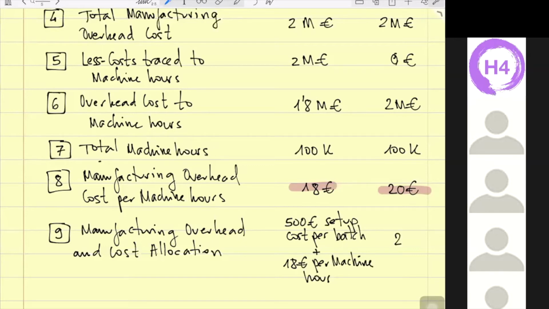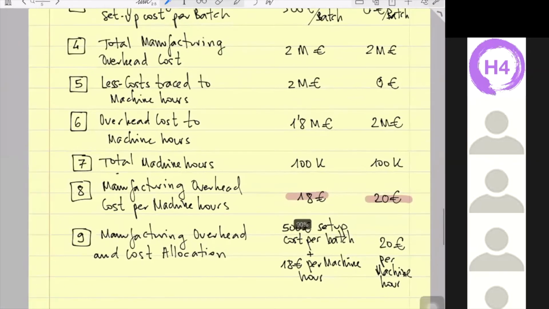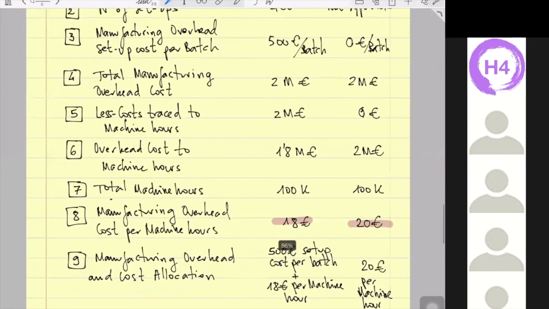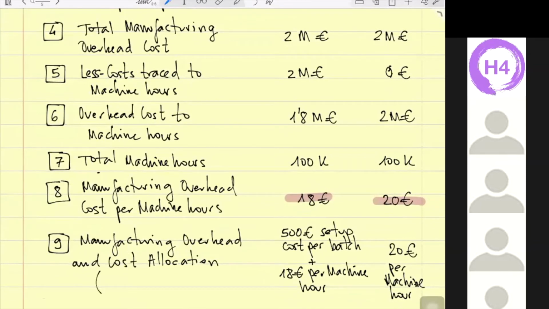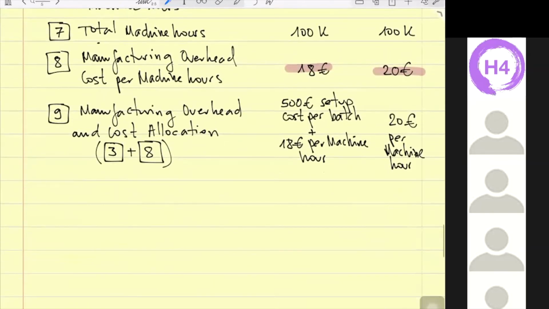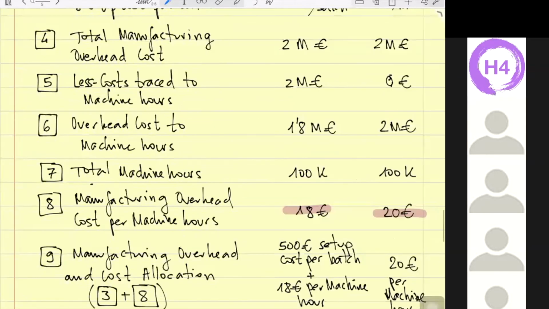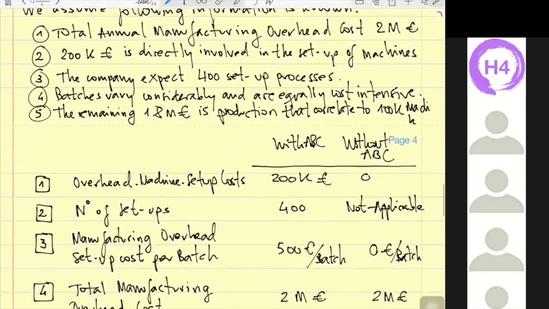And here only 20 euro per machine hour. We add up number 3 and number 8. Okay, so this is the cost. This is the accounting.